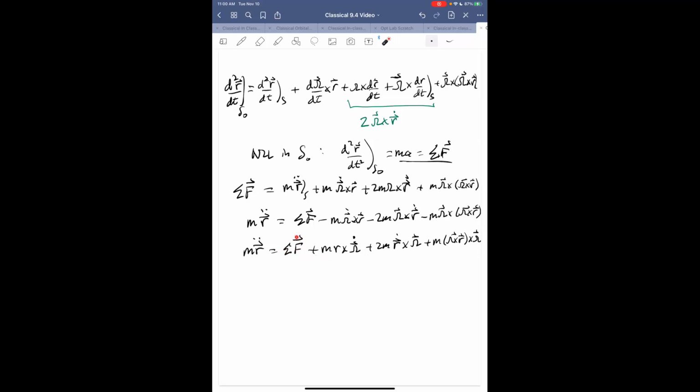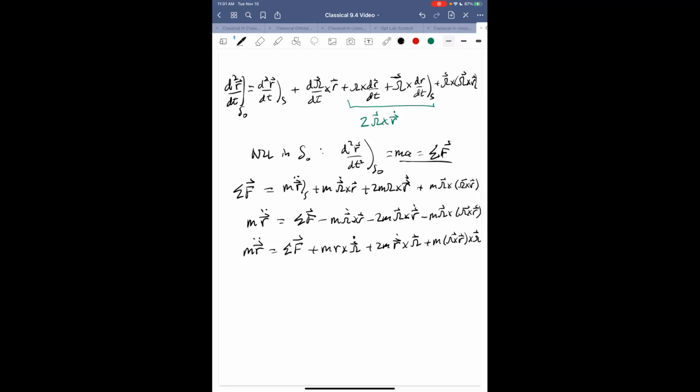These are the actual forces that you can list and enumerate, all the things that have contact with your object. Maybe gravity as well. And again, the observers in both the rotating and non-rotating frame agree about all those forces. And then there's all these terms here, which, as far as an observer in the rotating frame believes, are all additional forces that are acting on its object. And there's not much it can do about them.